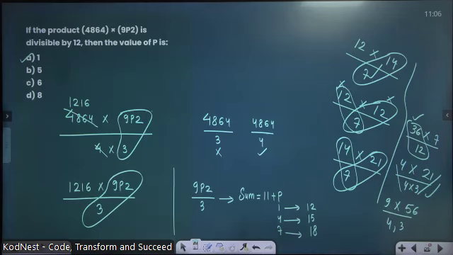Okay. So 15 is divisible by 3. So we are taking those values which will give you a number divisible by 3. Only those values, not every value. Those values which will give you the sum as a number divisible by 3.